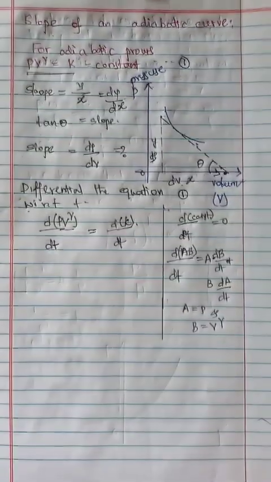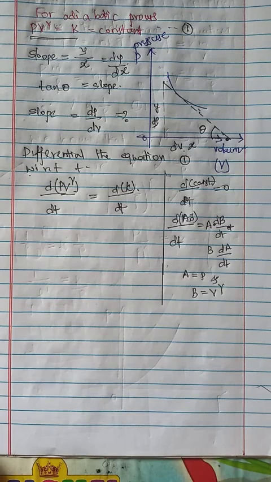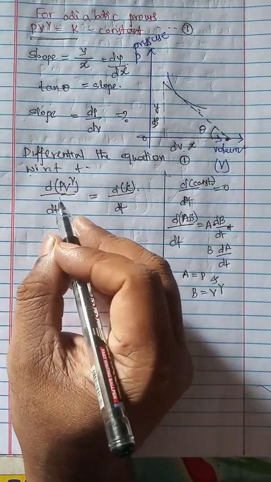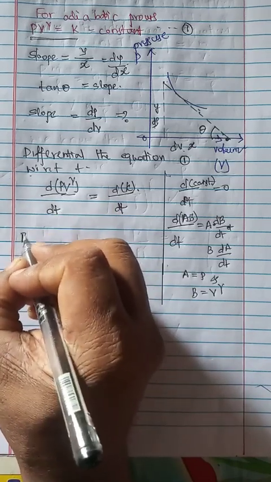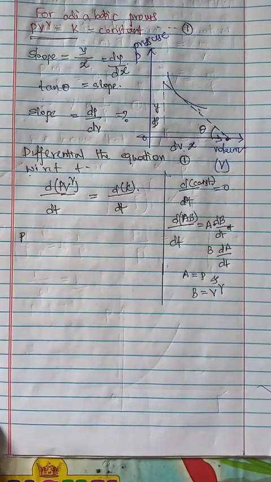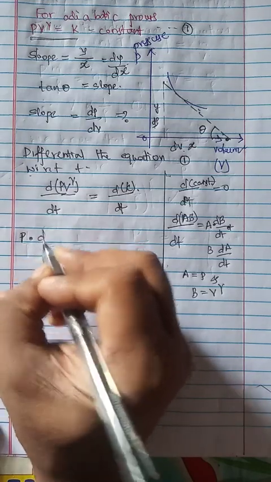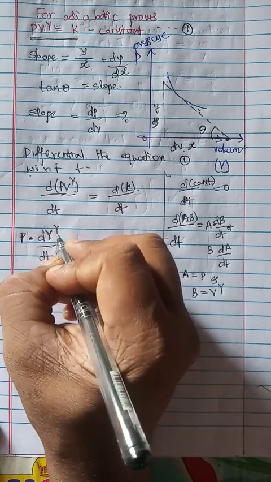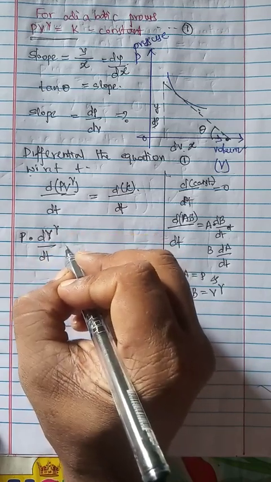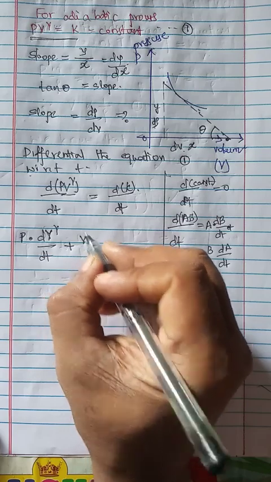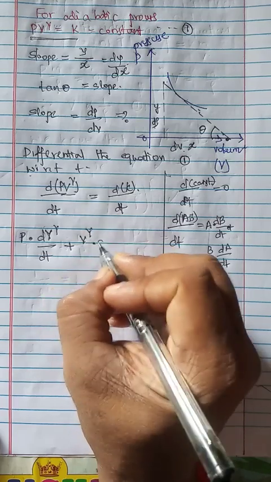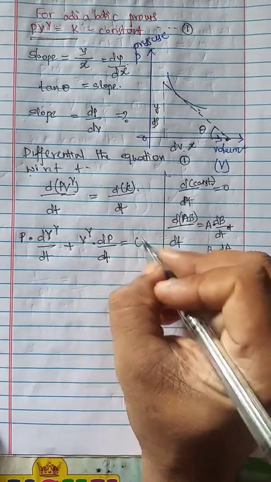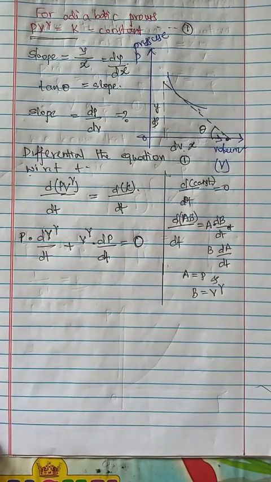On simplification, you are getting pressure into d by dt of V to the power gamma plus V to the power gamma into dP by dt is equal to 0.